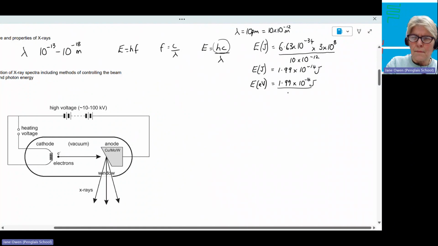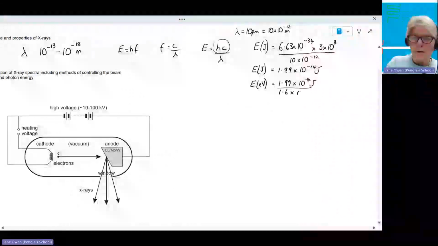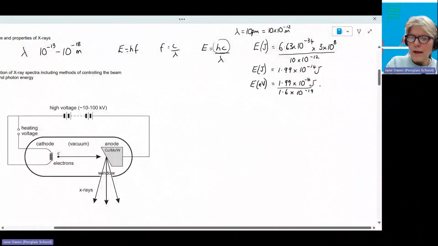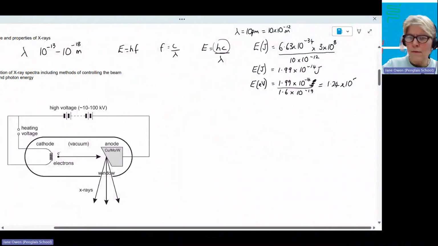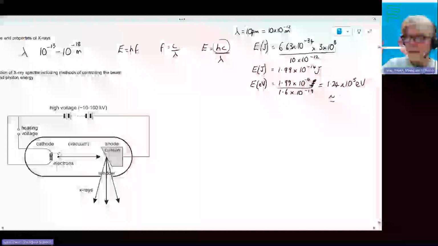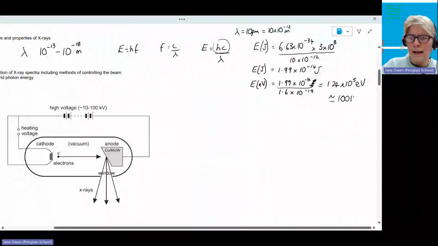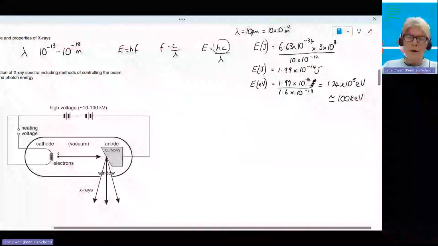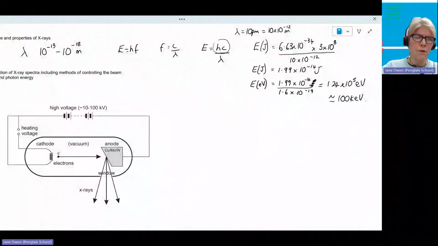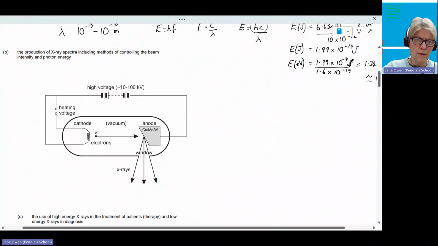So divide that by 1.6 times 10 to the minus 19, and that's equal to roughly 1.24 times 10 to the 5 electron volts. So roughly speaking, that is 100 kilo electron volts. Okay, so this will become important when we look at how to produce the X-rays, which is the second point.